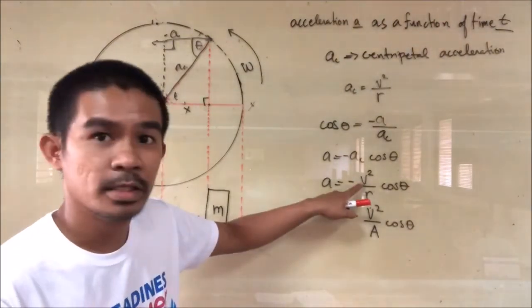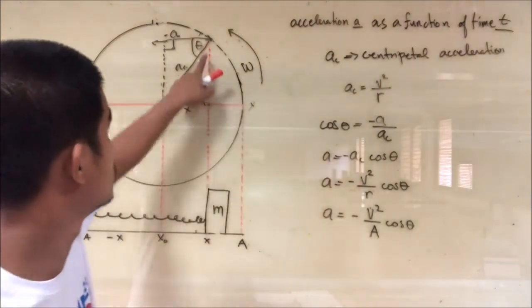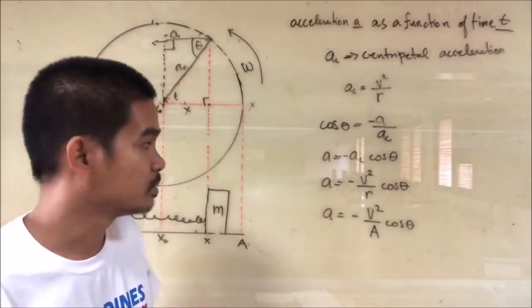v is the maximum speed. What is the maximum speed?